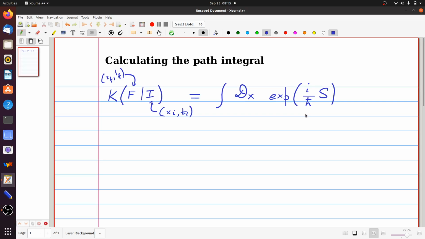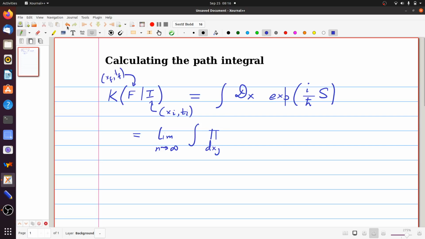is going to be very useful for various manipulations and various indirect calculations that we are going to do in a while. But if you ever want to directly calculate the propagator using the path integral, you will have to fall back on the actual definition of this quantity, which is the limit as n goes to infinity of this integral over xj.